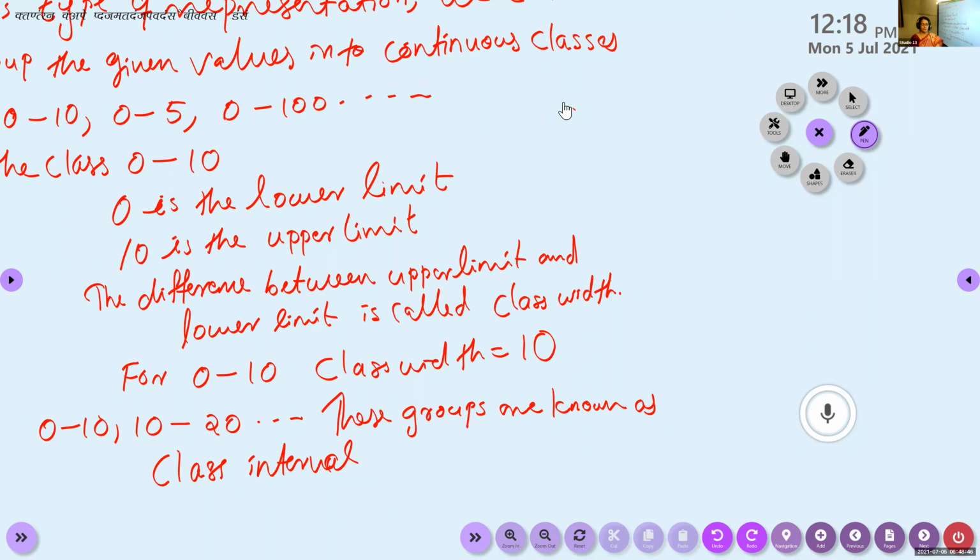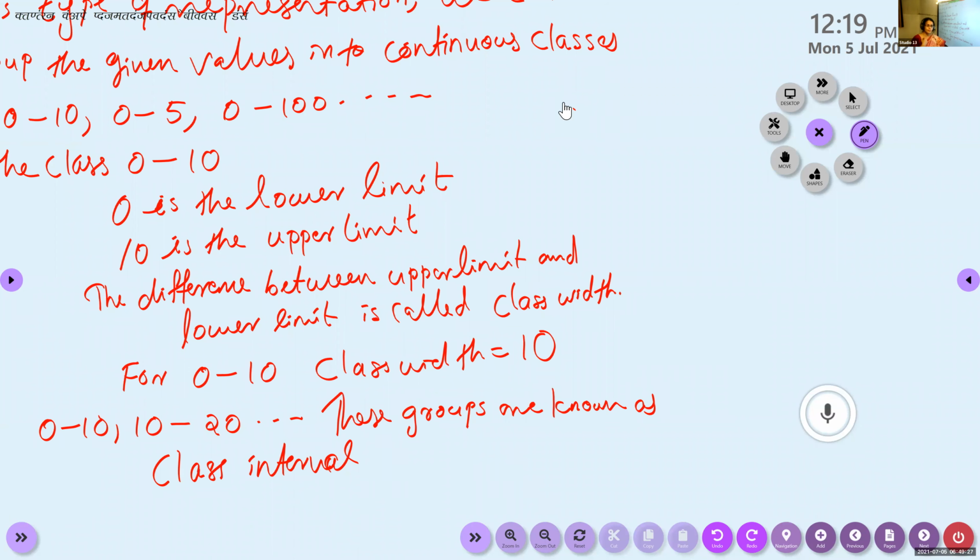The number of workers is high. In the last example there were marks of 60 students; here it is the daily income of 550 workers. All those incomes are divided into class intervals, grouped into different classes.